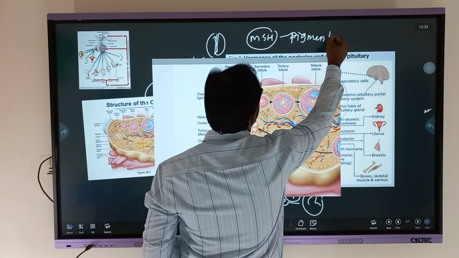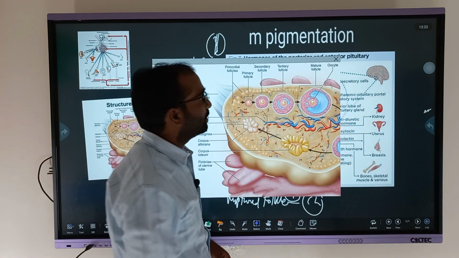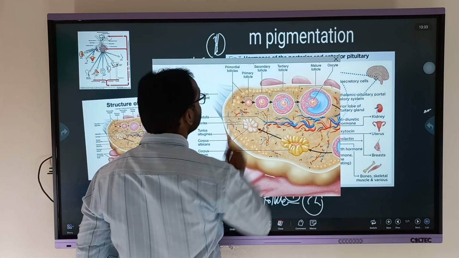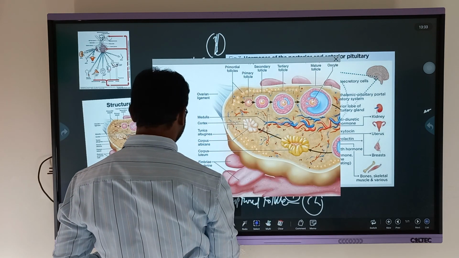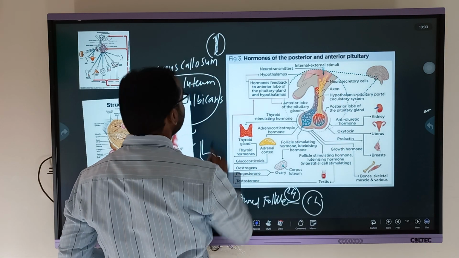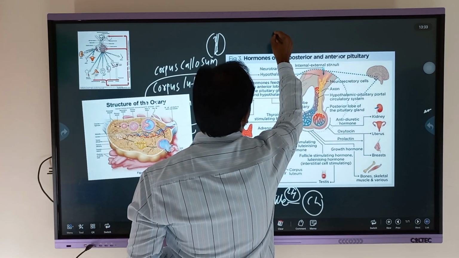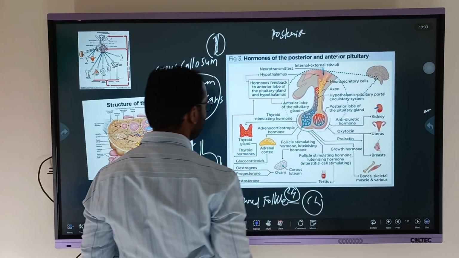Other than that, from the posterior pituitary, we have two hormones.